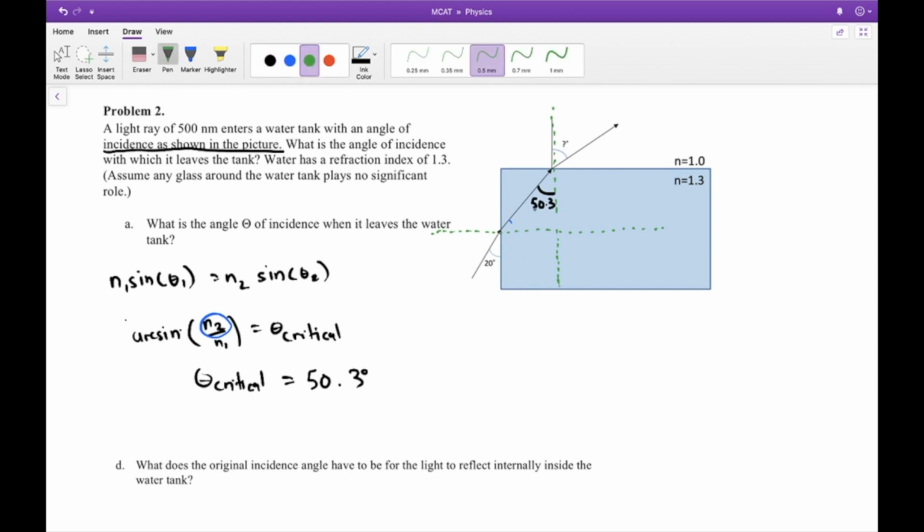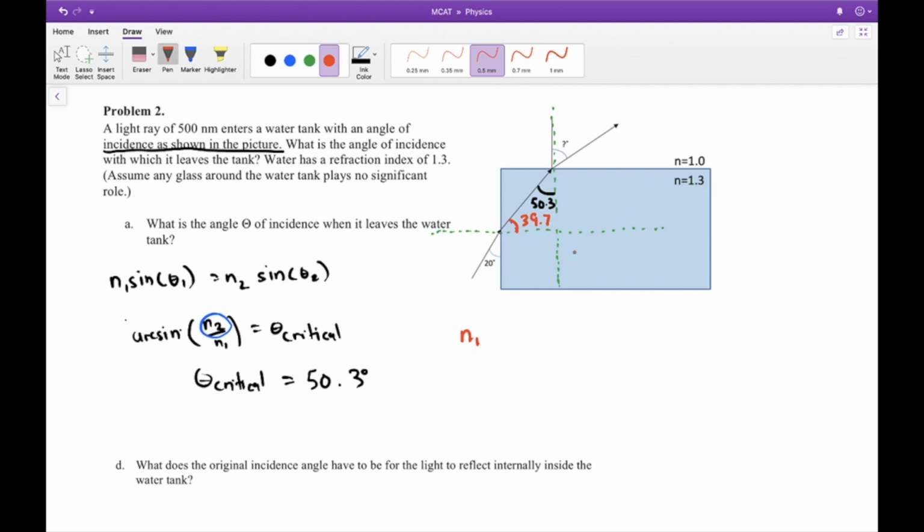So if that's 50.3, I need to now find this angle, which is just going to be 90 minus 50.3, which would be 39.7. Yes, 39.7. And then again, we can just go back to basic Snell's law. So we can do n1, by the way, this 1 and this 2 are totally up to you as long as you orient yourself correctly.